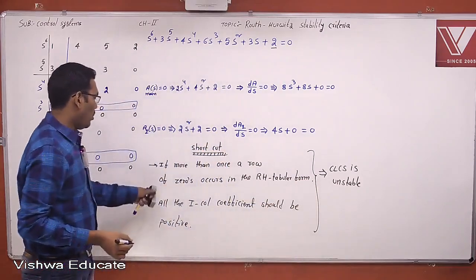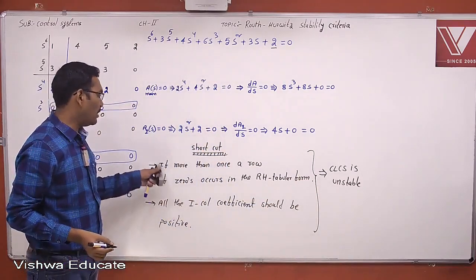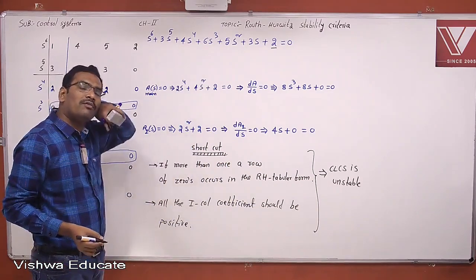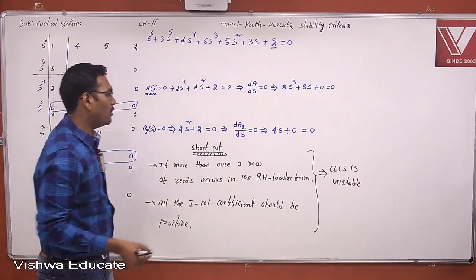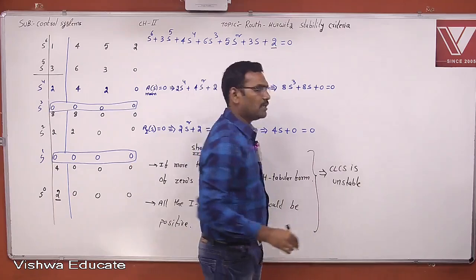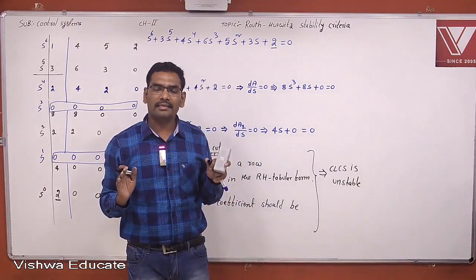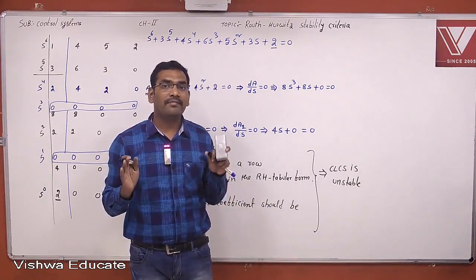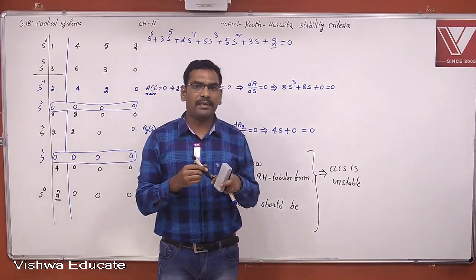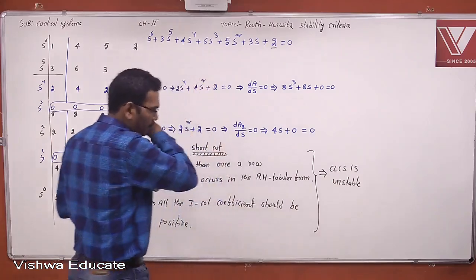And if more than once the row of zeros occurs in the tabular form, the closed loop control system is unstable, because poles lie on the imaginary axis which are symmetrical but which are repeated. Understand?